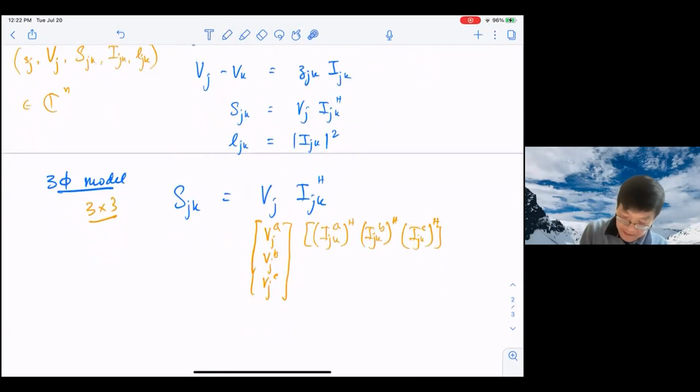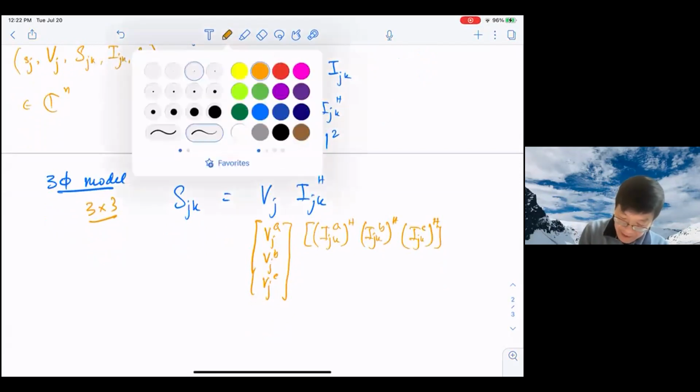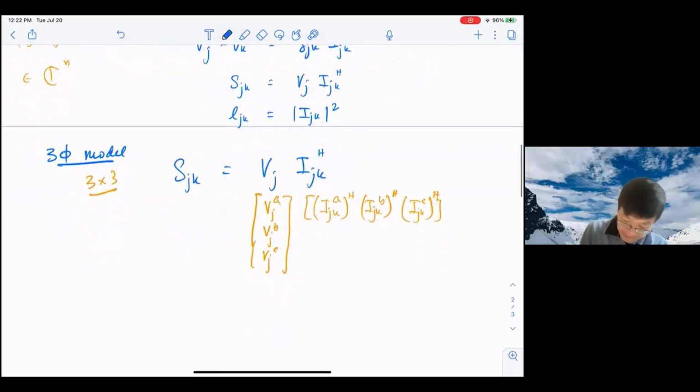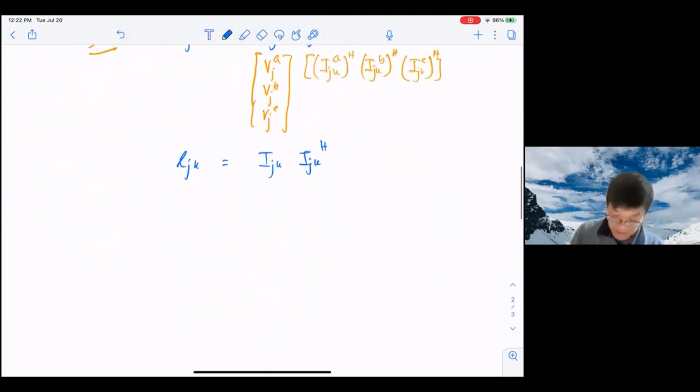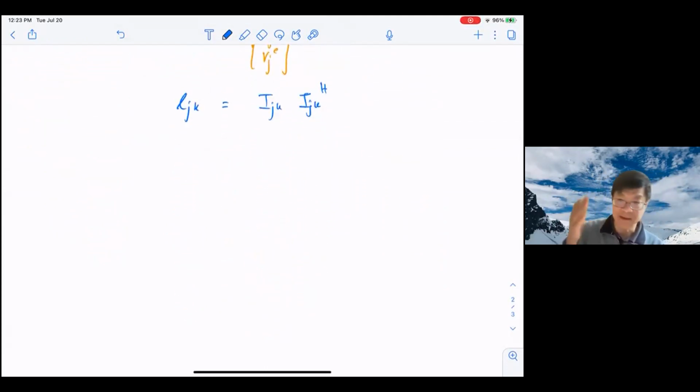And the similar thing here is to define the Ljk 3x3 matrix to be Ijk Ijk complex conjugate. So that's really the key insight in generalizing the model to three-phase. And therefore, the three-phase model for the reformulated model is the following.